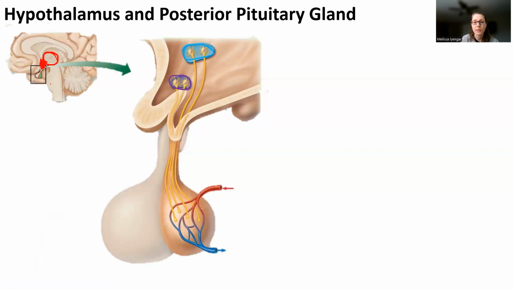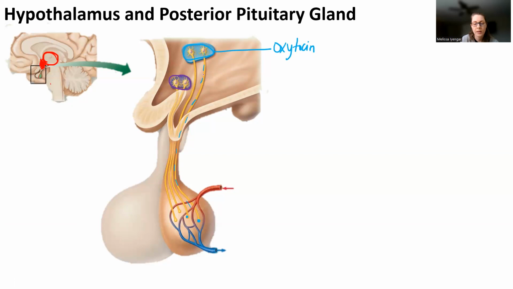We're just going to say that this neurosecretory cell here is going to make oxytocin. And when it does, it's going to transport that oxytocin down to the bottom of this neuron, and the neuron is going to store that oxytocin in its synapse.